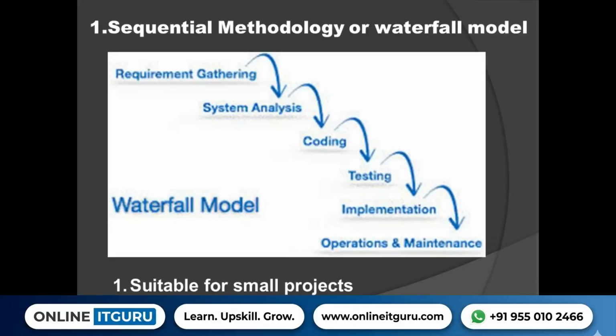Generally, we use sequential methodology for small scale projects and prototype development projects where the requirements are completely fixed and clearly understood. That means for small scale projects where the client gives the complete requirements, explains each and every requirement, and finalizes that these are the only requirements in our project and there won't be any further requirements.